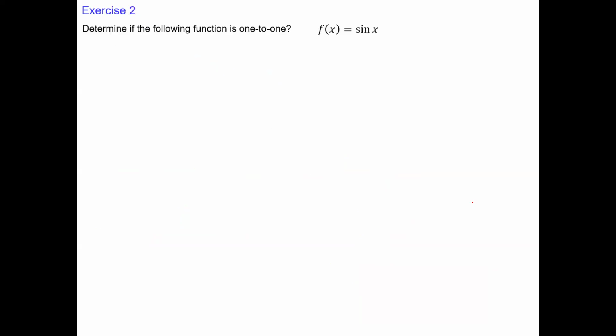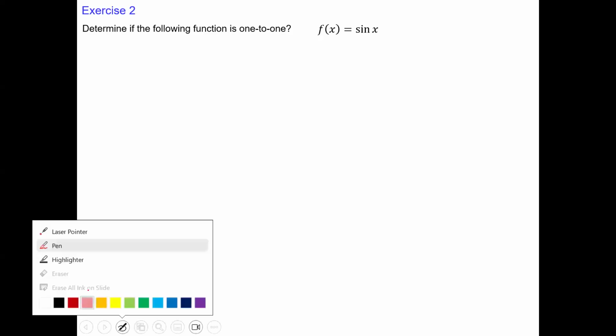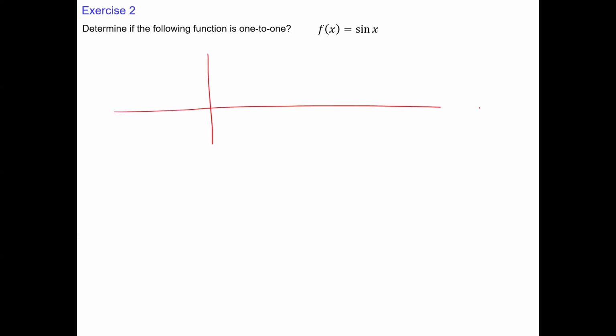Actually, before I show you the final definition, let's check: determine whether this function is one-to-one. Sine of x, what do you think? Is the function sine of x one-to-one? We know that it's not. The sine function is a beautiful curve which takes the same values infinitely many times.